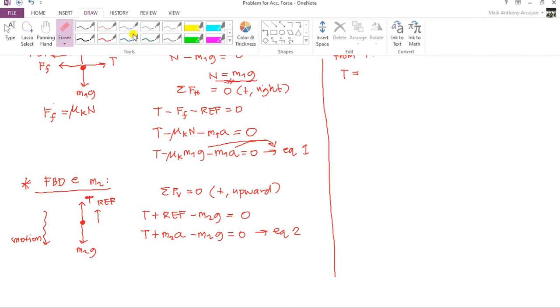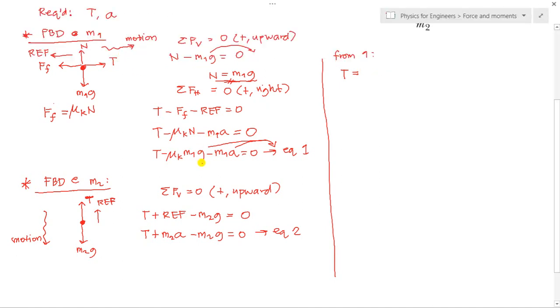If I transpose both these terms to the right side, I now have positive mu k mass 1 times G plus mass 1 times acceleration.